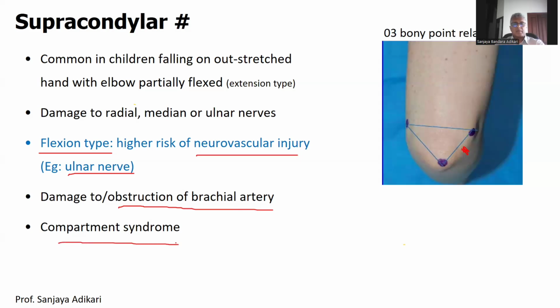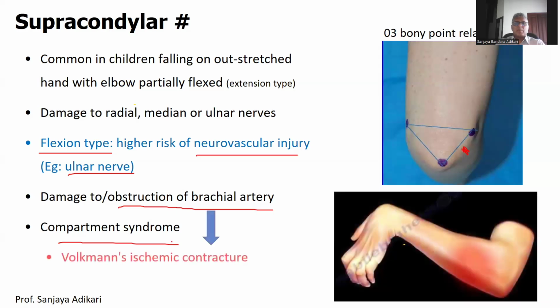If the compartment syndrome affects both flexor and extensor muscles of the forearm equally, you get this typical Volkmann's ischemic contracture. Sometimes the same deformity that you can see here might not be there, because if there is asymmetrical fibrosis of flexors versus extensors, the deformity could be different.